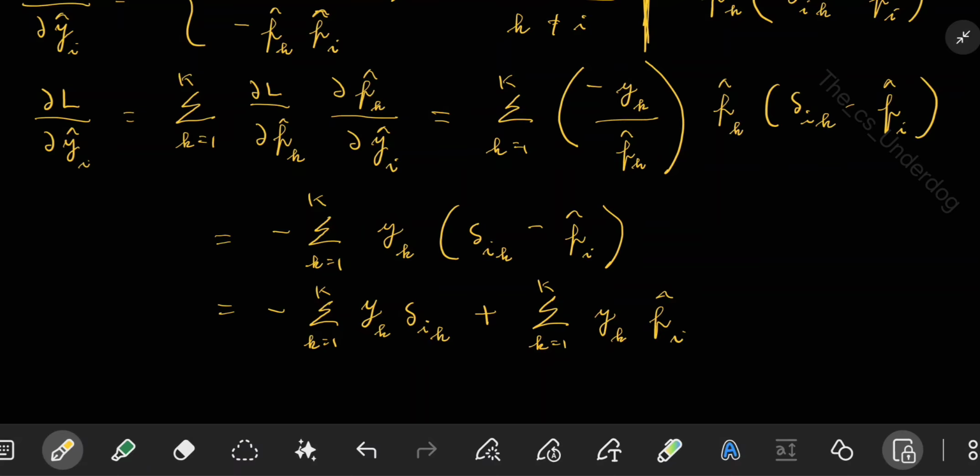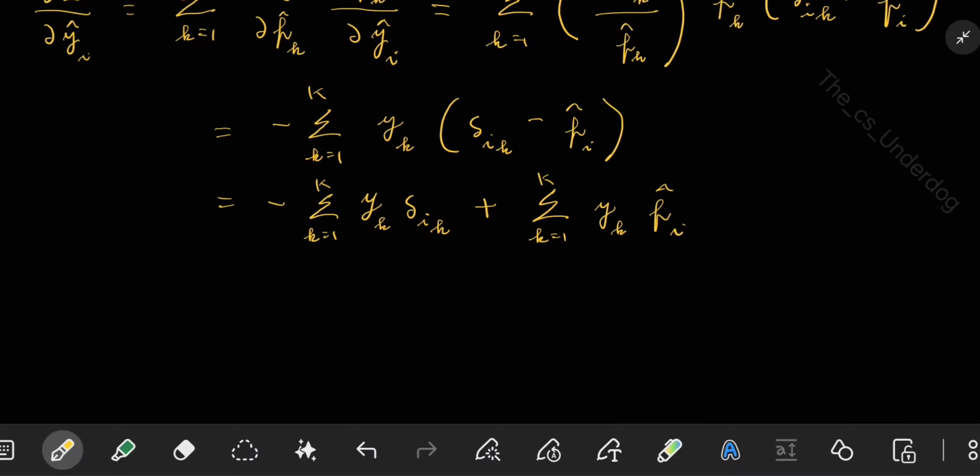This is my final. Here, if this is the answer, are these terms giving you some clue? Is the term looking similar, or is there some way to simplify this further? If you think, you will understand what will happen if you do this sum. Just think about this. Del ik is going to take value 1 whenever i is equal to k. It is going to take value 0 whenever i is not equal to k.